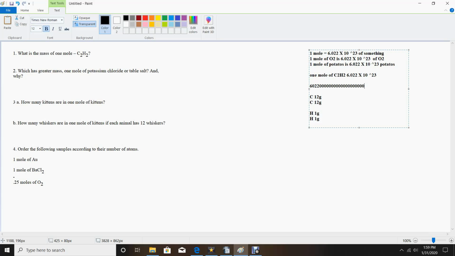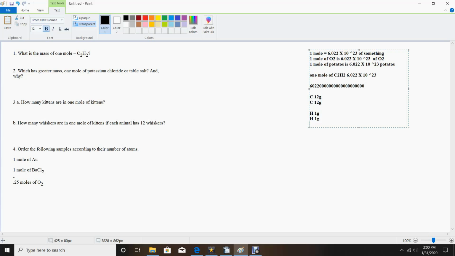If you look at your periodic table, that number right below the atomic symbol is going to show you what the mass of 1 mole of each of those elements is. So our C2H2 is composed of 2 atoms of carbon and 2 atoms of hydrogen. The periodic table tells us that 1 mole of carbon has a mass of 12 grams, and 1 mole of hydrogen has a mass of 1 gram.